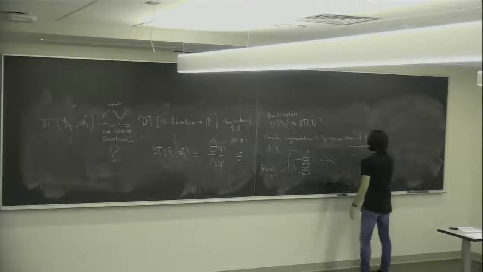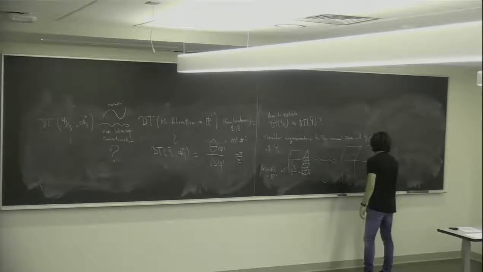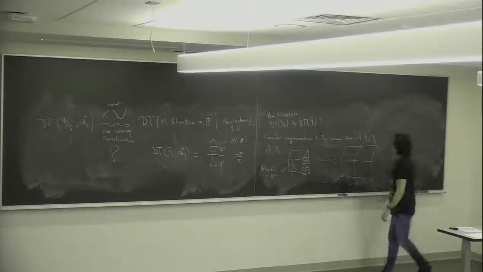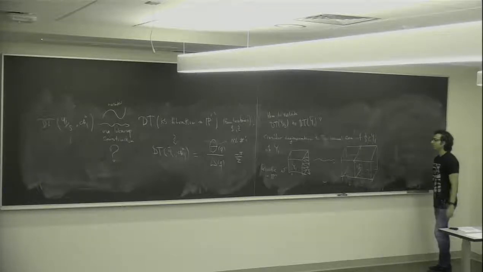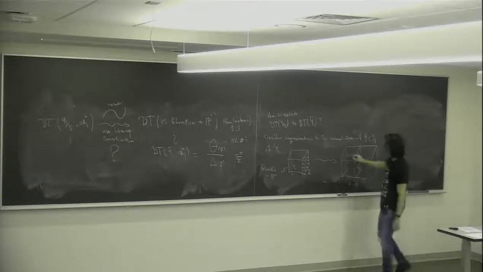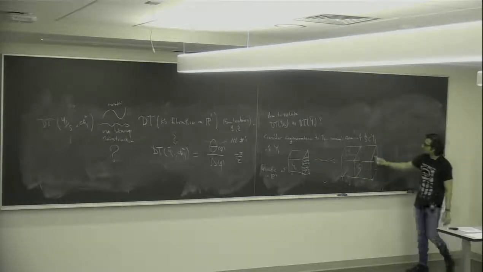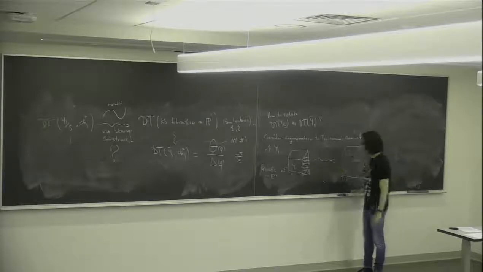So you will get, again, a normal crossing. One piece of it sees just Y1. The other piece of it is the normal cone of S inside Y1.